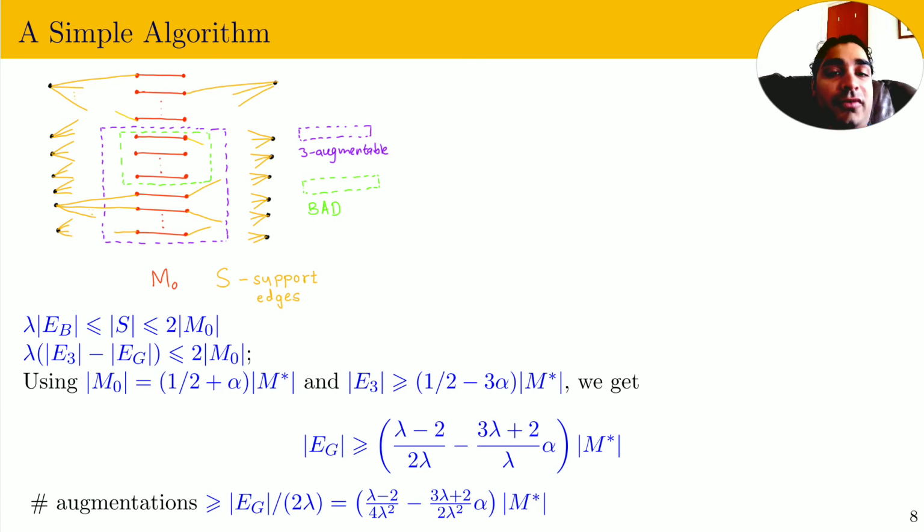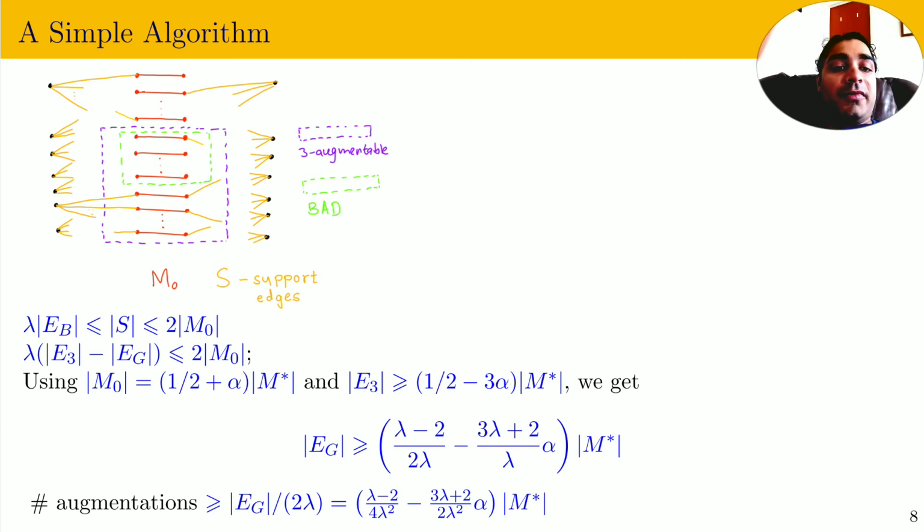So if you do an augmentation A U V B, then you could lose potentially lambda minus 1 other support edges incident on A and lambda minus 1 support edges incident on B that could potentially land on good edges, right? So the number of augmentations is at least what's shown at the bottom of the slide.